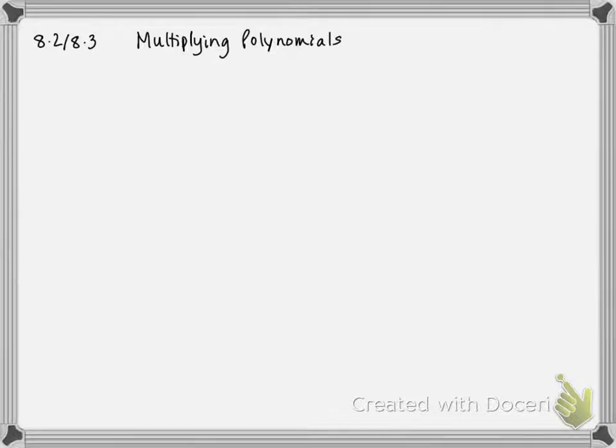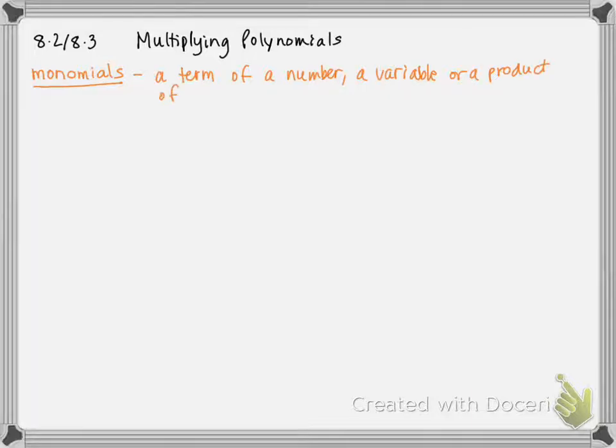So we need to start with some vocabulary, and first, let's talk about the word monomial. That will lead us into talking about polynomials, okay? So we've used this word, I think, before, and a monomial is a term. A number can be a monomial, a variable can be a monomial, or a product of numbers and variables can be a monomial.